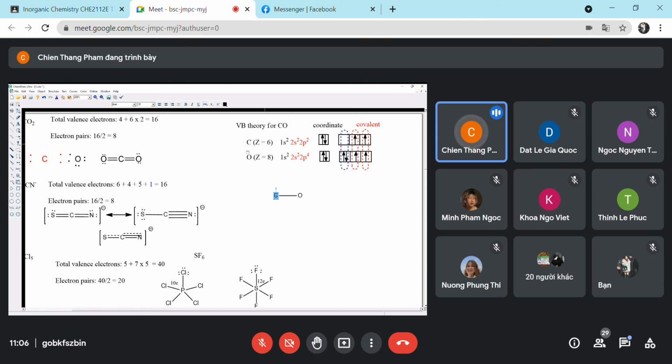First, let's consider the overlap between the first p orbitals. Always they produce this one. Let's consider here. This one is p orbitals. Maybe we should delete the carbon here. Let me delete this one.